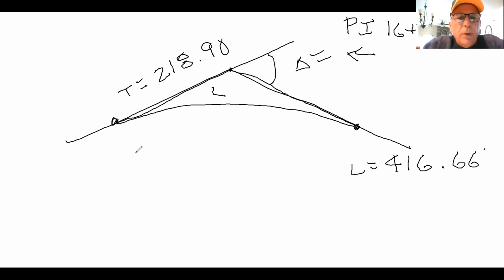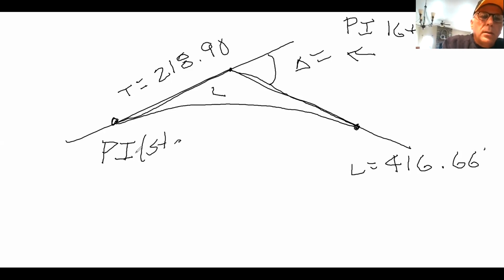That being said, I'm going to progress on to part B, which is the calculation of the PC station. I calculate the PC station by taking the PI station, and I am going to subtract the tangent length.